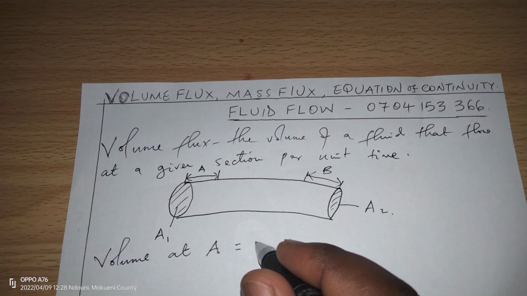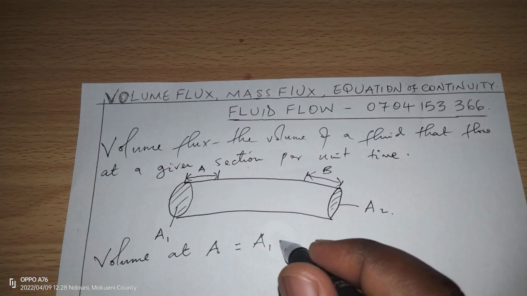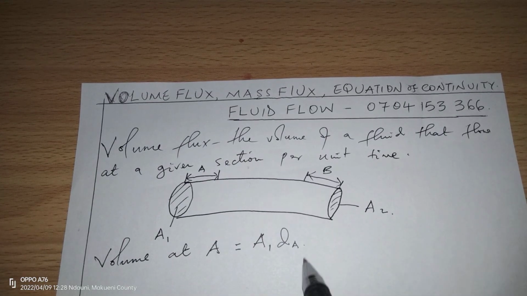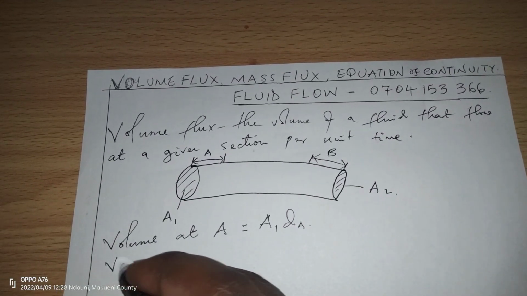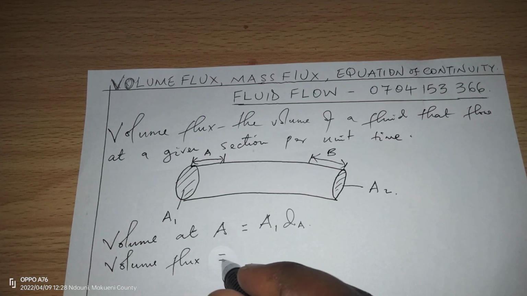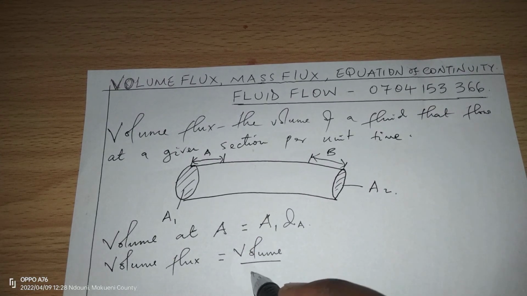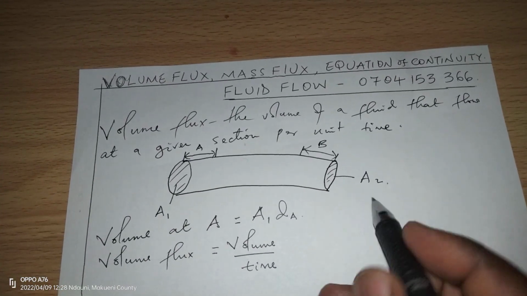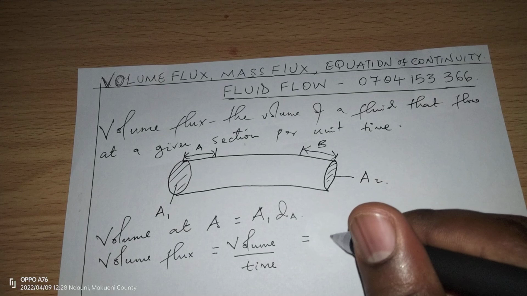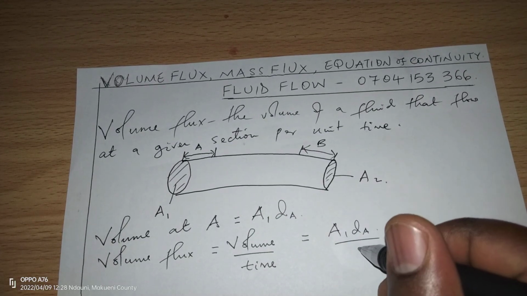So we will have cross-section area times the distance at A. So this one gives us the volume at A. So what we are calling volume flux is the volume per unit time. Unit time is in seconds. Therefore, we will talk of the volume, which is already defined here, divided by time.